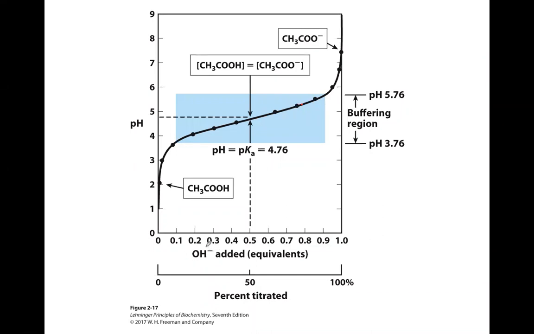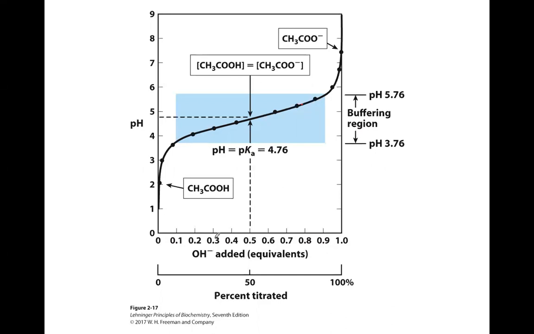So the counter ion is not part of the reaction equation. It's a spectator ion. Remember spectator ion from general chemistry? So it's not part of the equation, but even though we learn to neglect the spectator ions, that's an approximation, that's a simplification which we use.